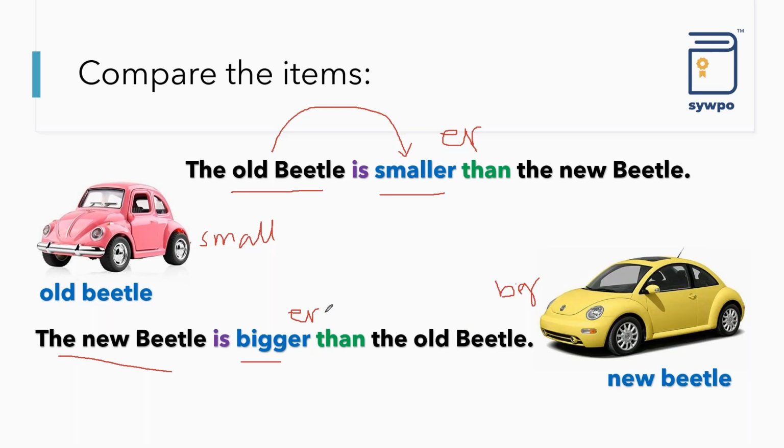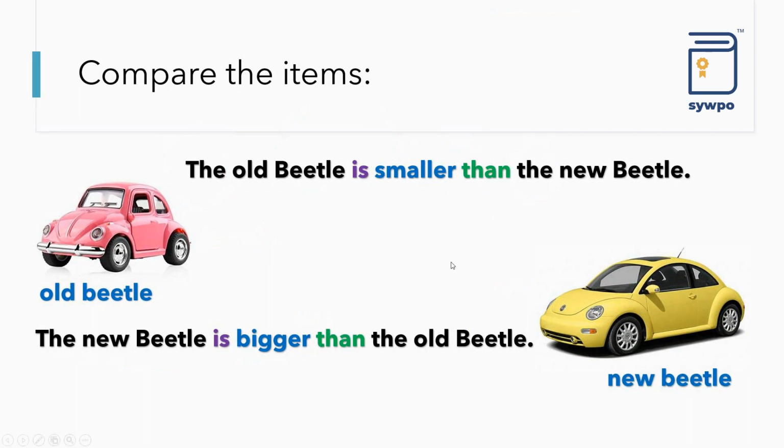We need articles before some nouns. Why? Because we can see the Beetle right here. You and I both know which Beetle we are talking about, so that's why the is necessary before it. Good. So this is well written and correctly written.